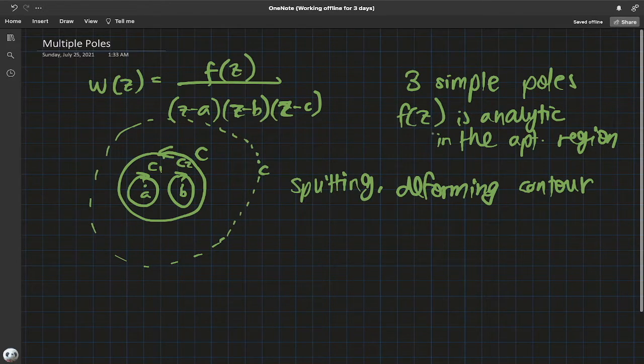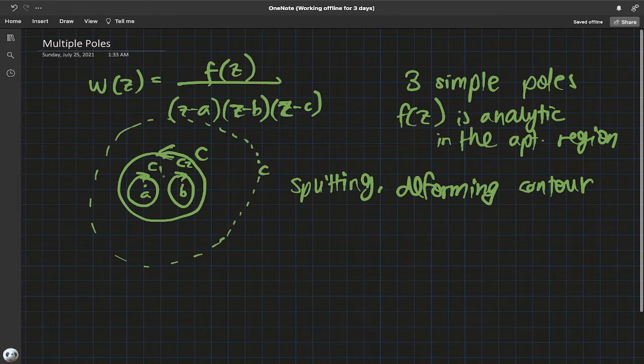Actually, f of z has to be analytic just inside C. We don't care if it's non-analytic outside, because we always consider the behavior of functions inside the contour; if it's non-analytic, then we have to take another singularity, which may not even be a pole.